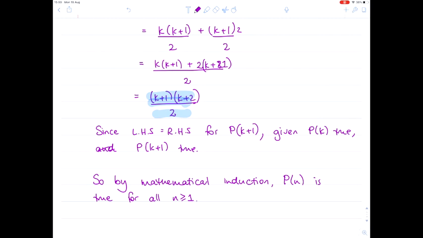So this is a pretty standard way that proof by induction works, and now we're just going to look at a few more examples.